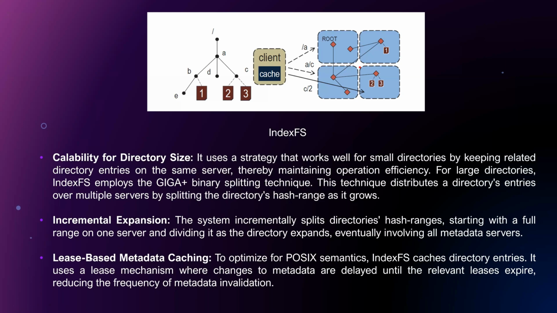To optimize for POSIX semantics, IndexFS caches directory entries. It uses a lease mechanism where changes to metadata are delayed until the relevant lease expires, reducing the frequency of metadata invalidation. As I said earlier, the client side stores the directory structure, and only once the lease expires will they be able to change the directory structures.